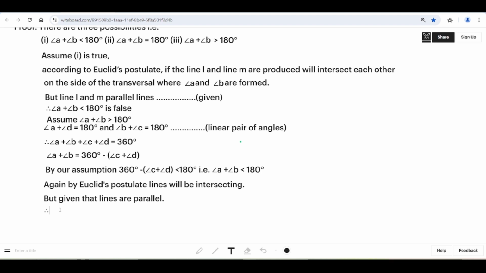And therefore our assumption that angle A plus angle B is greater than 180 degrees is also false.